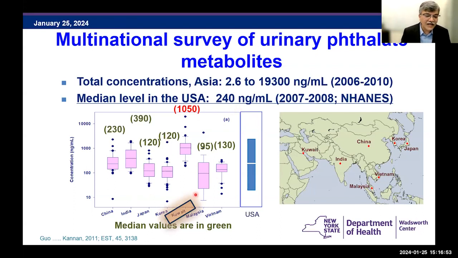So of those 7 countries, you can see the samples from Kuwait stood out. The median concentration of the sum of 12 phthalates is 1050 nanogram per milliliter. And concentrations as high as 19,000 nanogram per milliliter were found in samples from Kuwait. And it was a surprise for us. We were curious to know what the exposures are. So our Kuwaiti colleagues worked on phthalates.